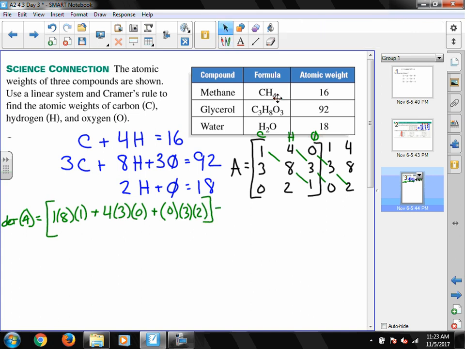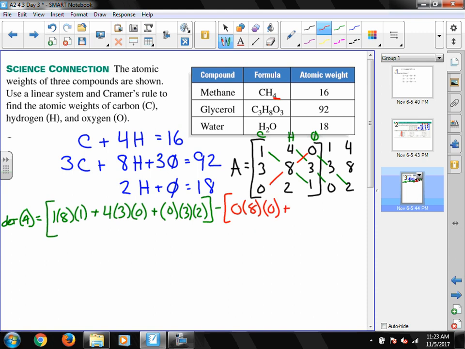And from that, I have to subtract, starting bottom left, going to top right. 0 times 8 times 0. Plus 2 times 3 times 1. Plus 1 times 3 times 4.